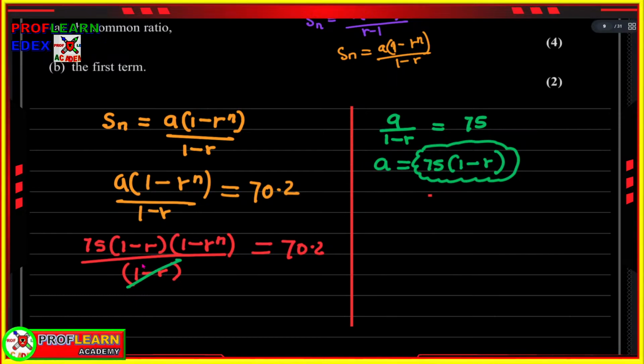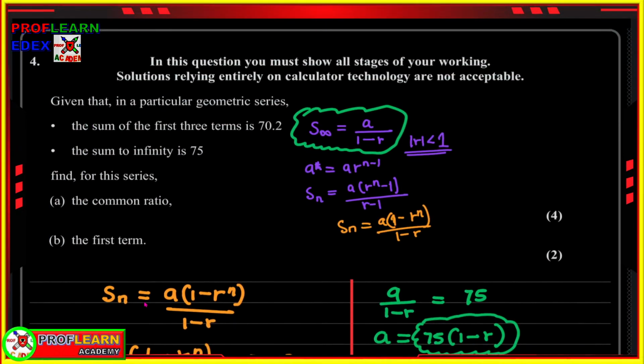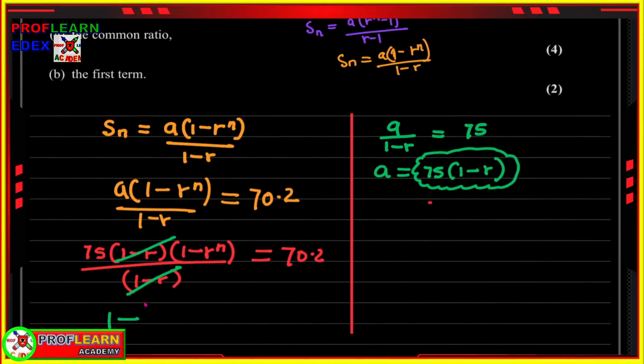So you can see this part and this part will cancel out. We shall have 1 minus r raised to power n is going to be equal to 70.2 over 75.